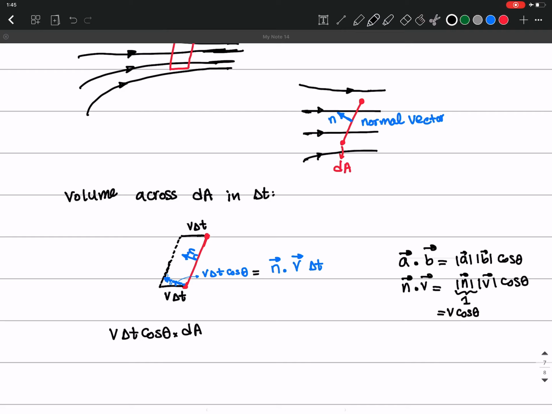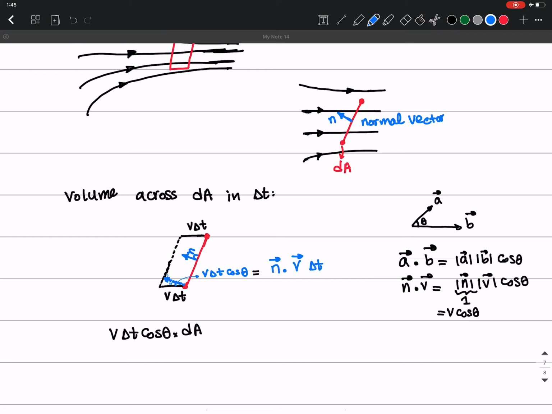So A and B could be like this. This could be A. This is B. And this is theta. Okay. And A dot B is going to be their dot product. Okay, so this is something from calculus and algebra that you need to know.